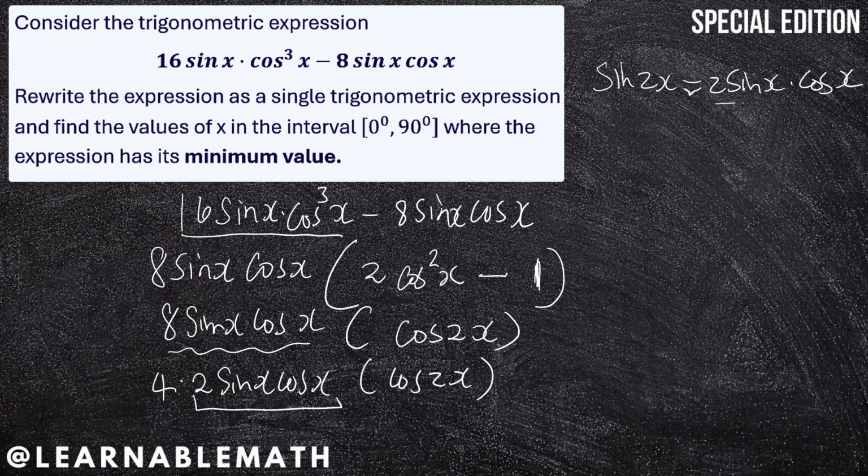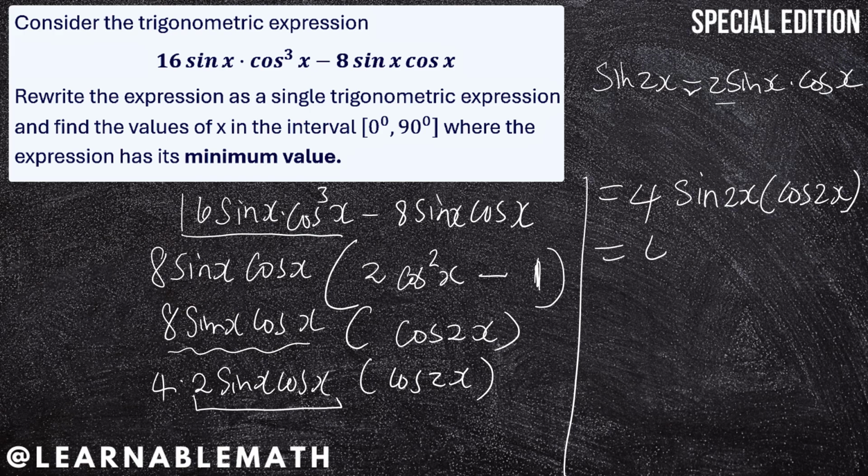So you can see this portion, 2 sine x cos x, with the 4 outside there, is actually the double angle of sine, which is sine 2x. This is being multiplied by cos 2x, so you have 4 sine 2x cos 2x. Can you see another double angle of sine here?